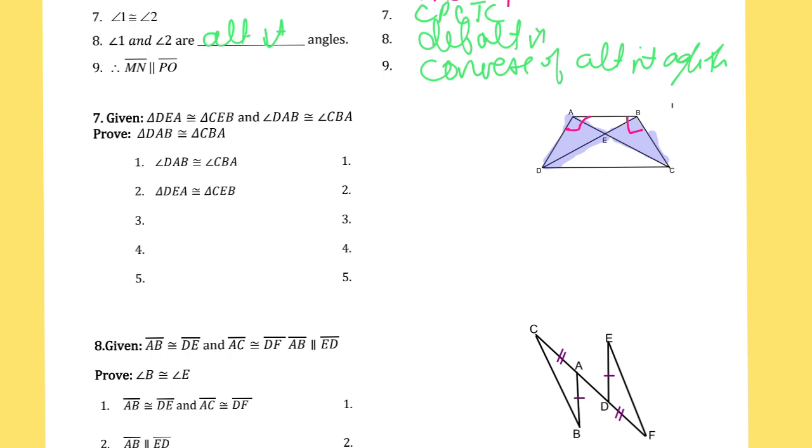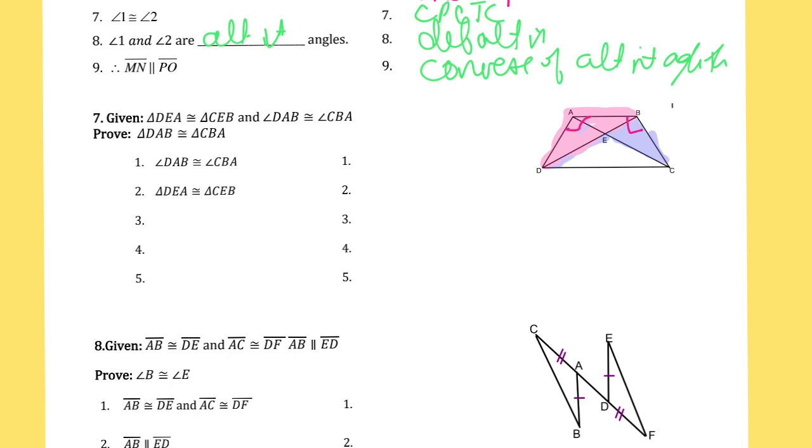And so our hope is to prove that triangles DAB and CBA are congruent. I'm going to get a highlighter up for this one. Let's prove that this triangle right here is going to be congruent to the other one that's across from it. So we need to have enough parts.